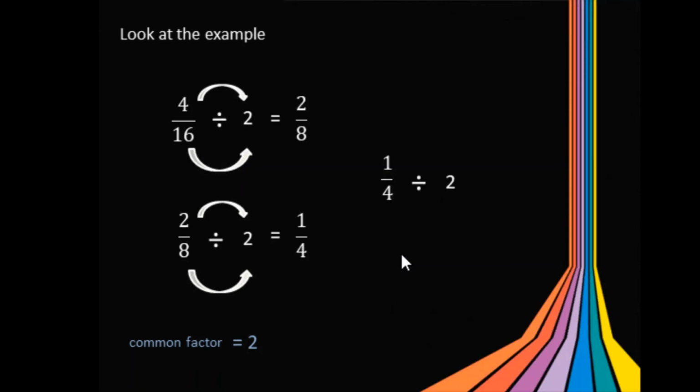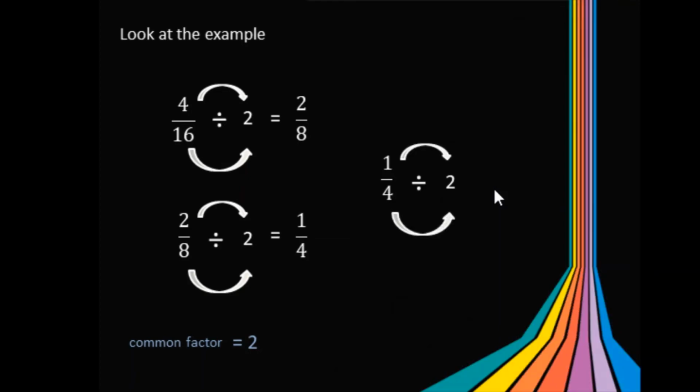Can. But we have to make sure that both numerator and denominator can be divisible by 2. But 1 and 2 cannot be. So that means there is no answer already.